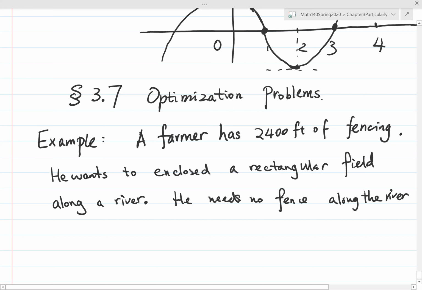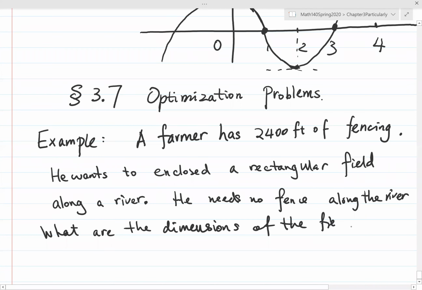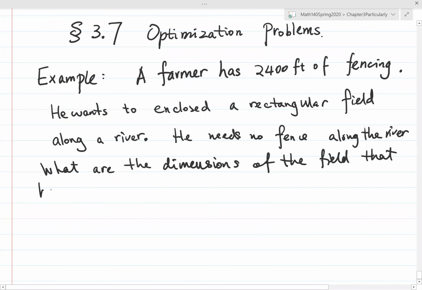Now the question is, what are the dimensions of the field that has the largest area?